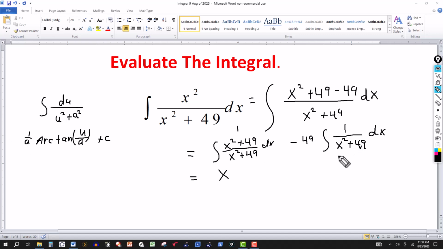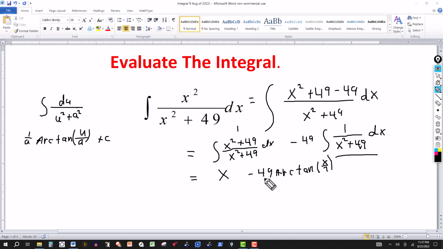So now I have that formula right here. I can just write this as minus 49, and then the integral of this, based on the formula, would be arctan of u. In this case, our u is x, so this is going to be x over a. Here, I have 49. That's the a squared, so the a would be 7 here.